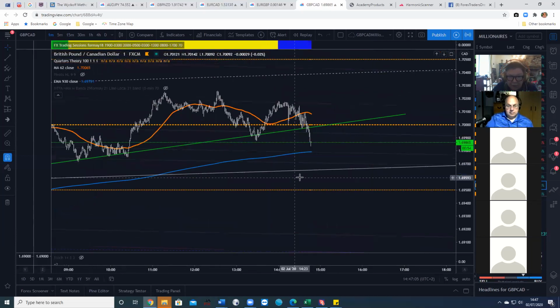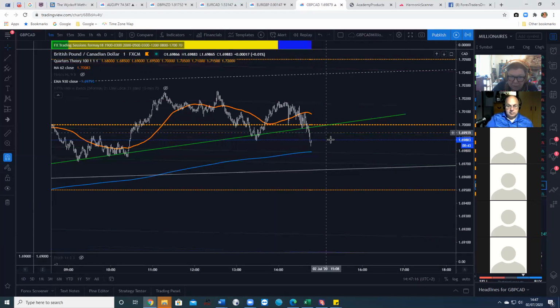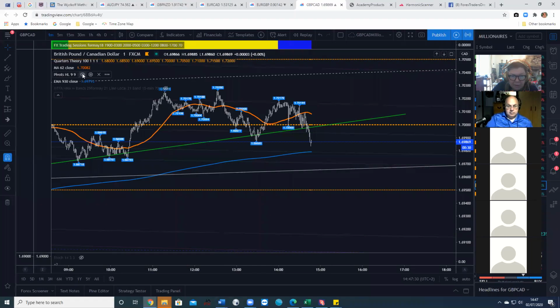But we don't have enough to obviously take a trade because we haven't got any pitchfork touch, so we need it to come down here, and for the 62 to come down, and be able to pick up a trend line up here, which we haven't got. If we put the pivots on, we've got lower highs forming here, but we still haven't got lower lows forming.